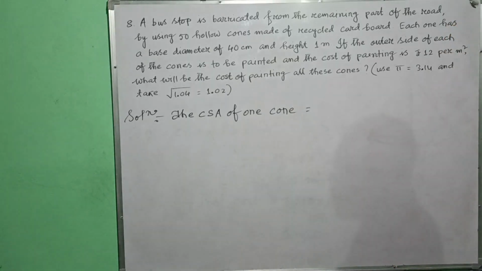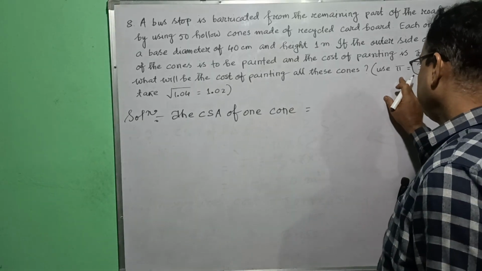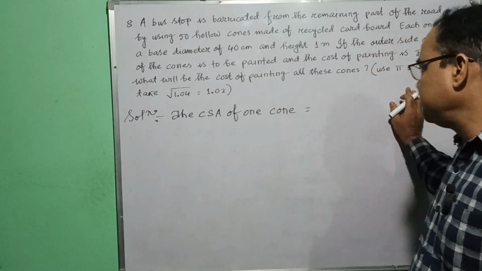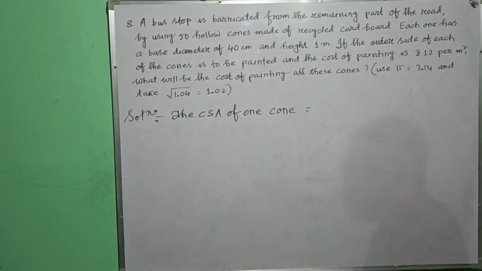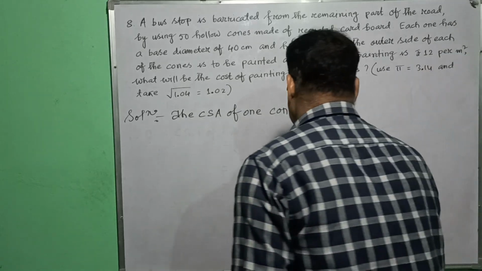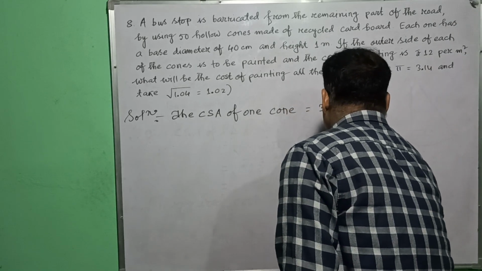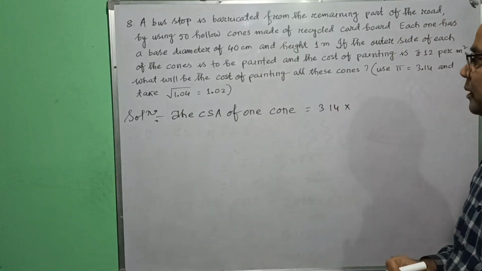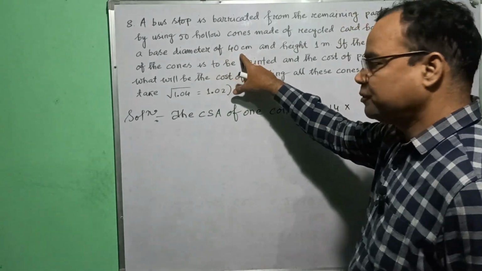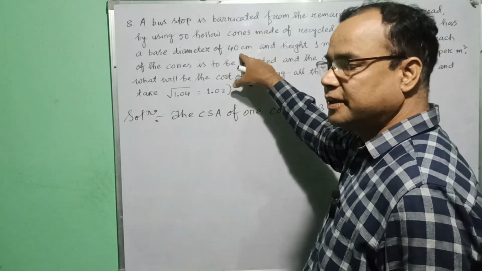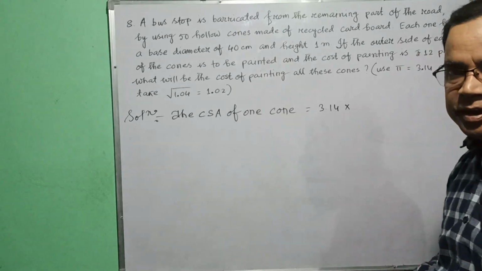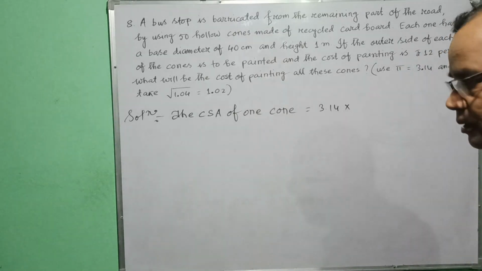We know that it is pi RL. As the pi is given 3.14, so we have to put it 3.14. If it is not given, so we'll use 22/7. So we'll put 3.14 into radius. As the base diameter is given 40 centimeter, so base radius equal to 20 centimeter, and if we convert it into meter, so it will be 0.2 meter.